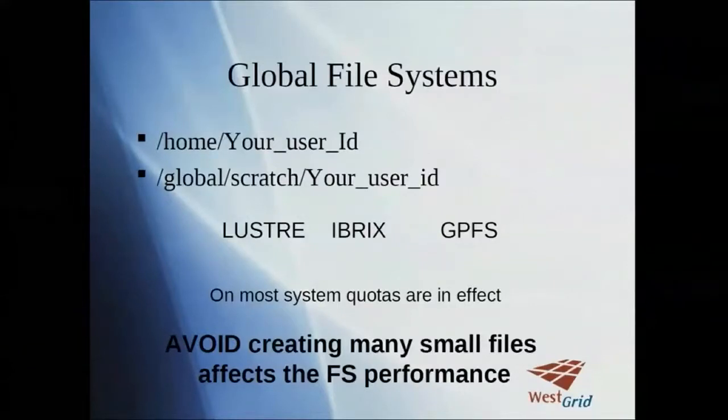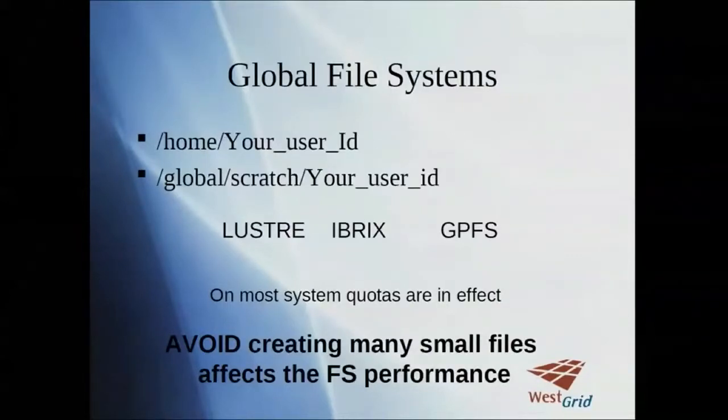The most popular is Lustre, but we are also using GPFS, which stands for General Parallel File System, and in some sites we are using the Ibrix file system. These file systems are quite complicated beasts to manage, but we are trying to do our best to keep the systems up and running and to have the smallest possible downtime whenever we have issues.